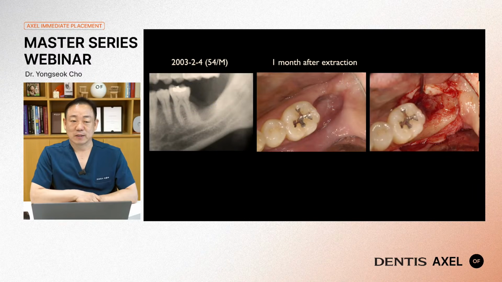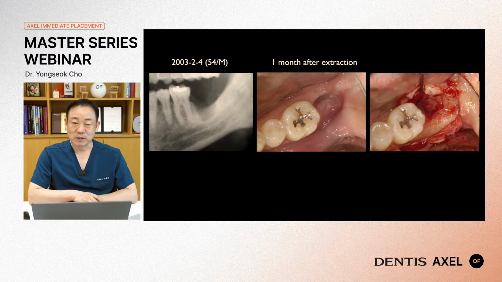It was 23 years ago, 2003. I had a patient who had the left second molar extracted, and 1 month after the extraction, I opened the flap to place implant.